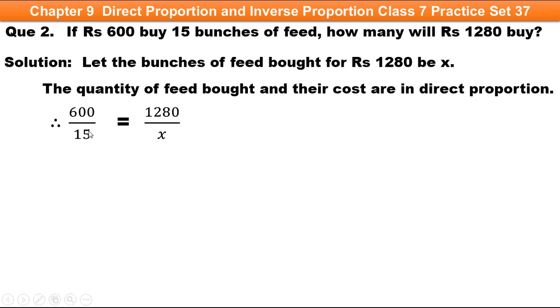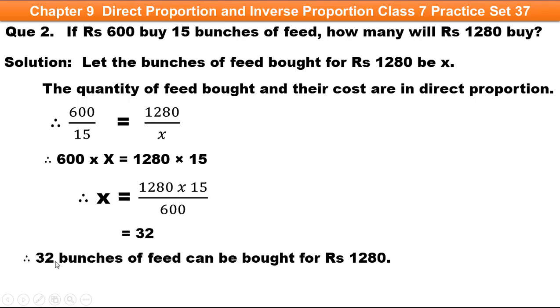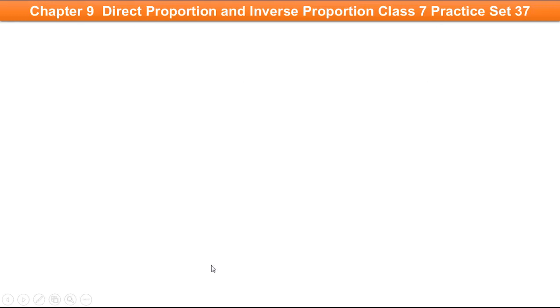Therefore, 600 divided by 15 is equal to 1280 divided by x. 600 into x is equal to 1280 into 15. Therefore, x is equal to 1280 into 15 divided by 600 is equal to 32. Therefore, 32 bunches of feed can be bought for 1280 rupees.